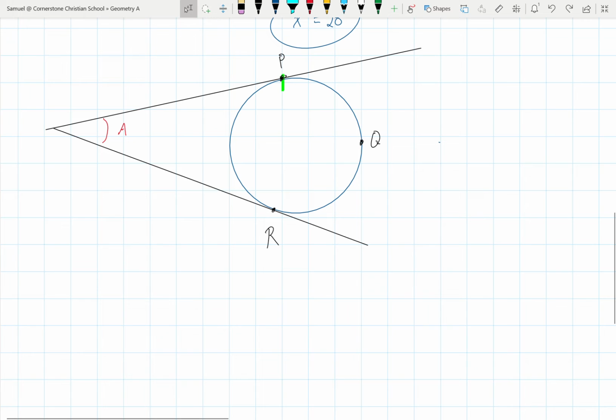So the formula here that we're going to use is that the measure of angle A is equal to 1/2 the measure of arc PQR minus the measure of arc PR.